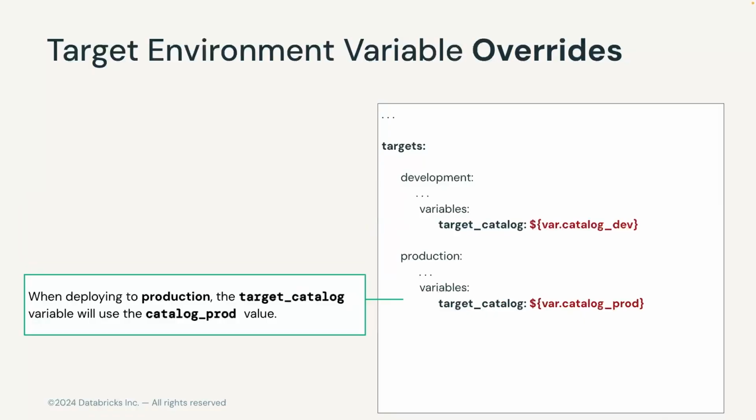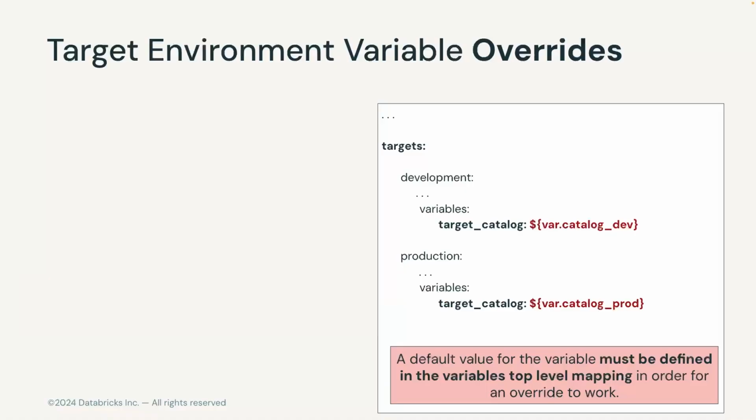When deploying to production, the target_catalog variable will use the catalog_prod value. If you do not specify an override for your variable, it will default to its original value. Please be aware that the default value for the variable must be defined in the variable's top-level mapping for an override to work. If a variable is not assigned a default value, the override will not function as expected.